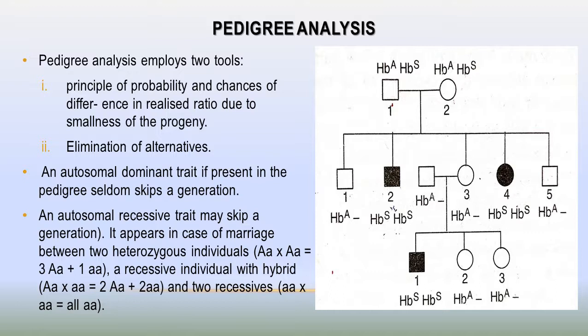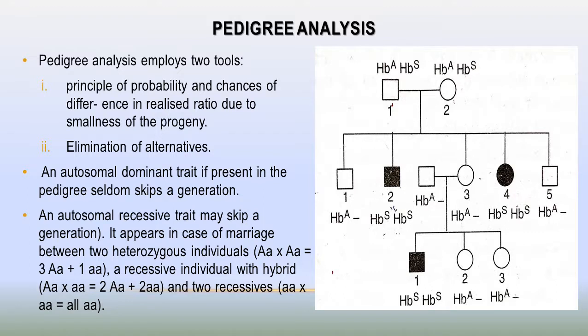Here the autosomal genes are represented by HBA and HBS. HBA represents the normal gene, whereas HBS shows the defective gene.